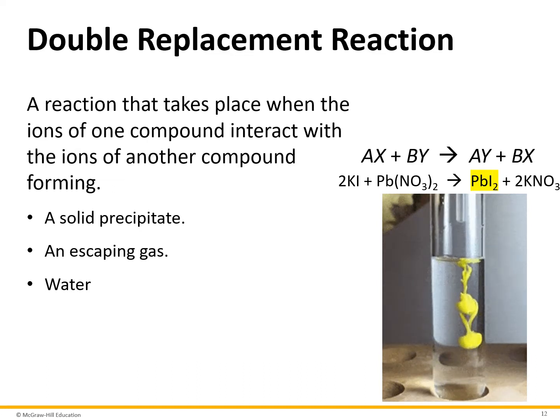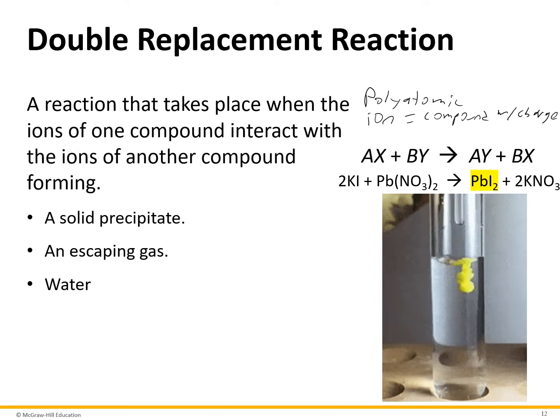I should also mention that nitrate, NO3, is an example of a polyatomic ion. Polyatomic is basically a compound with charge.